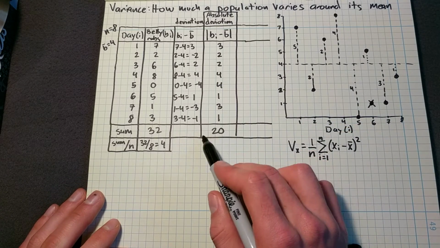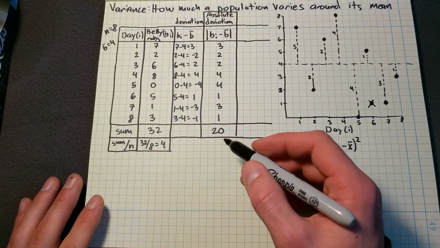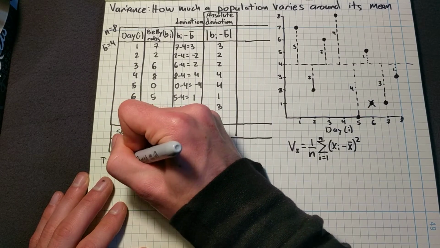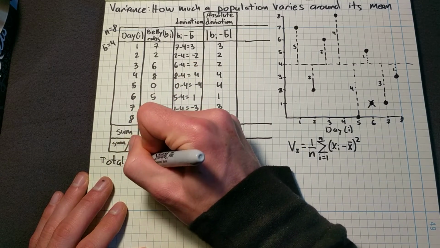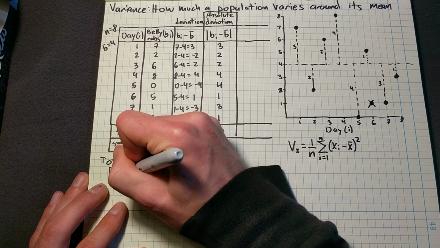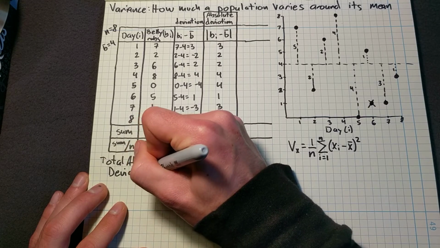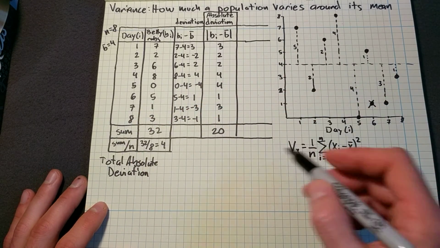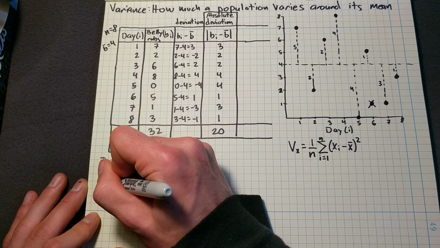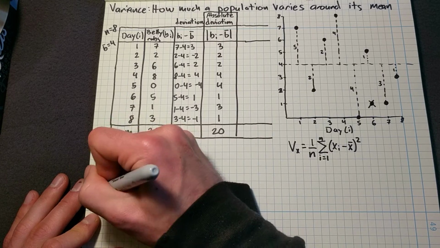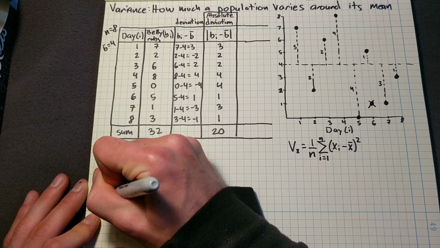And this sum here has a name. We can call this the total absolute deviation. And the equation for this is going to look similar. It's the sum from i equals 1 to n.